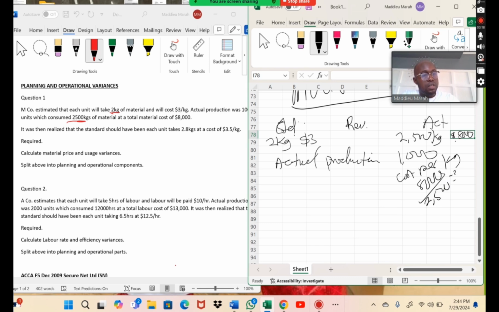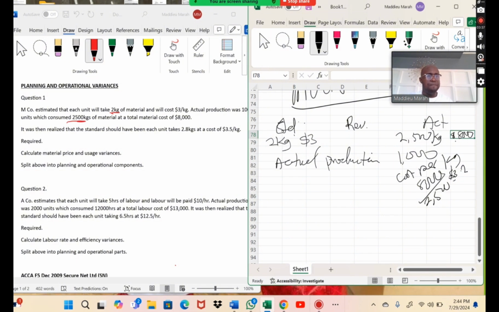What's the cost per kg? $3.2. Correct? Yeah, $3.2. That's the cost per kg. So we have our standard information, we have our actual information.